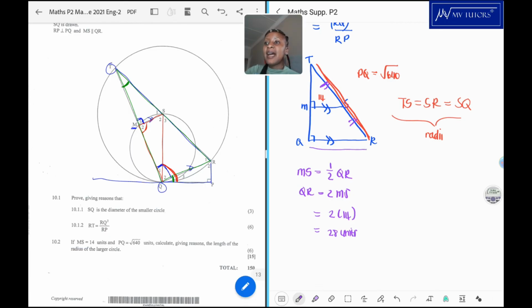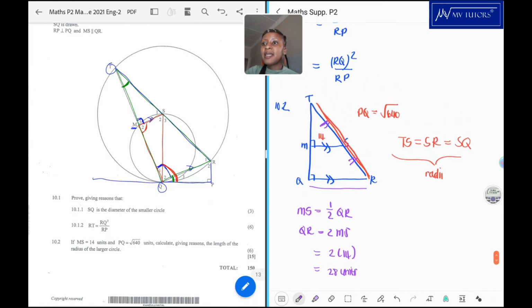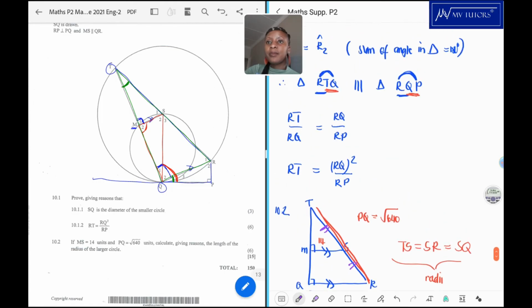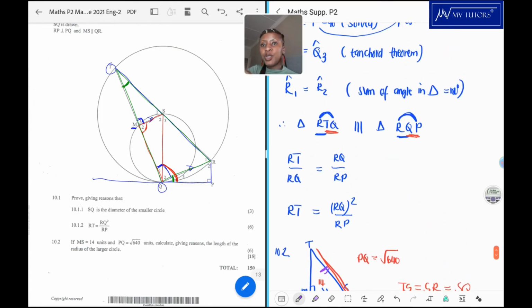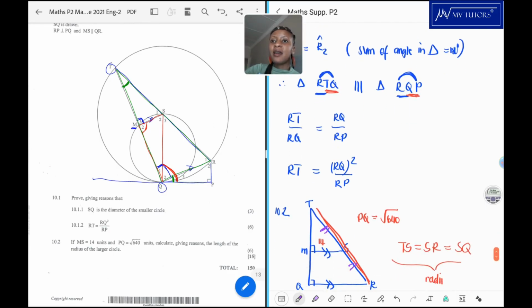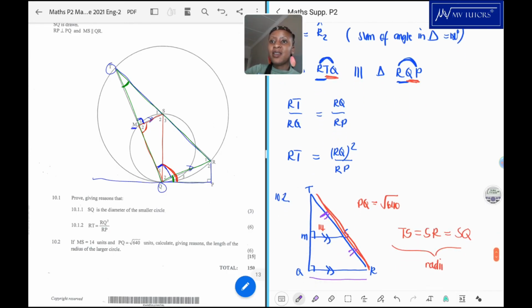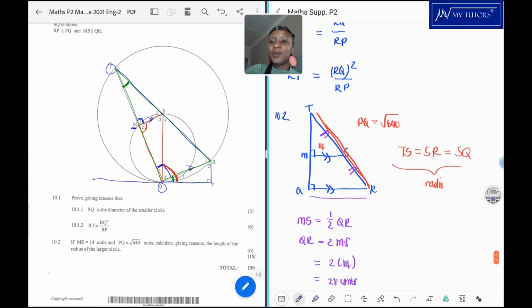What other length do I have? I know that TQ is in proportion to QP. So I'm going to say RT over TQ is equal to RQ over QP.